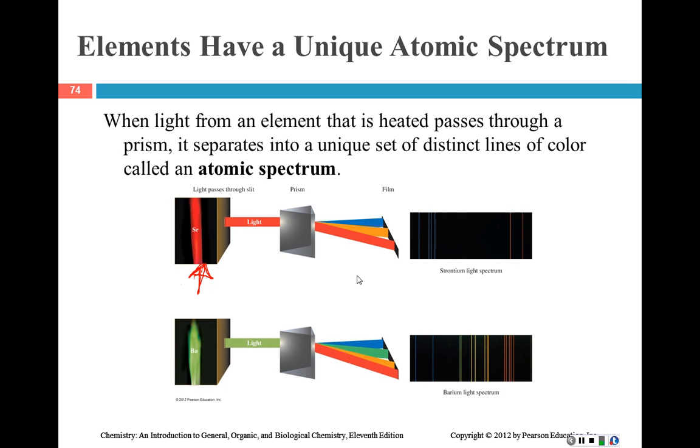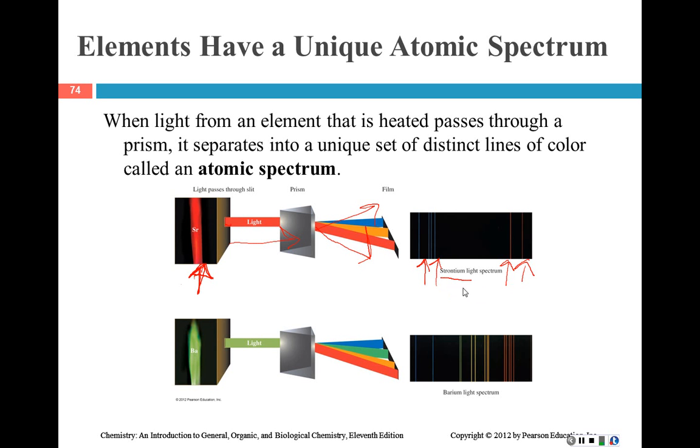If you send that light through a prism, the prism will separate the visible light into bands, and these are called spectra. One is called a spectrum, and there are different characteristics depending on which element you're heating up.